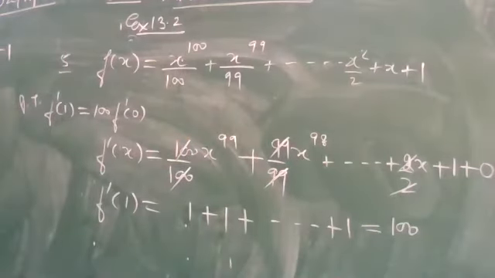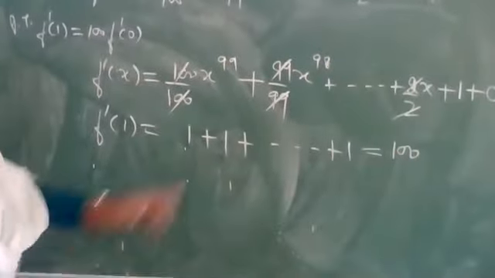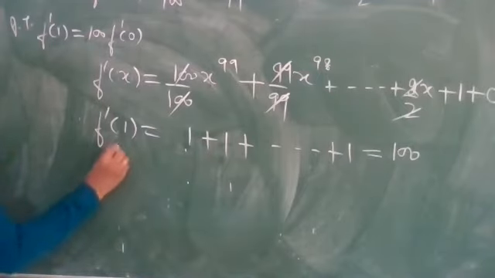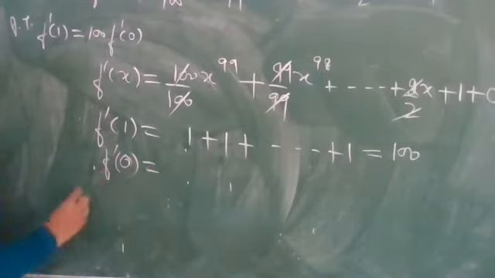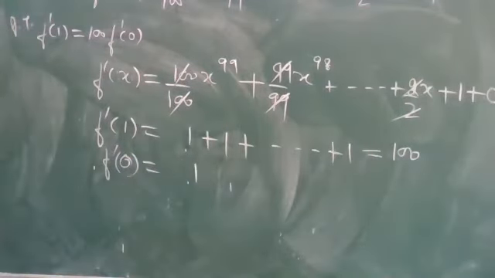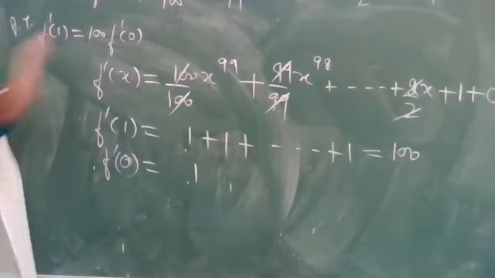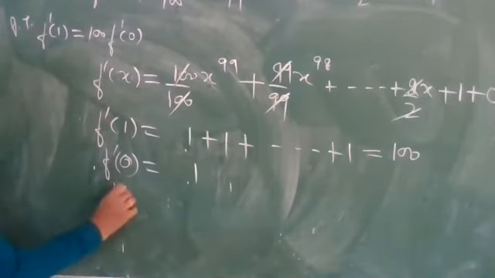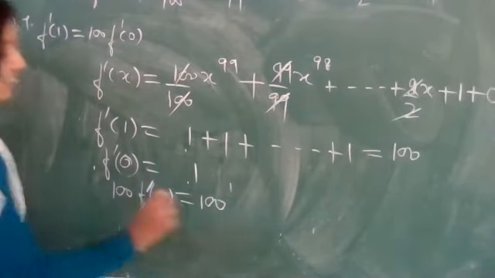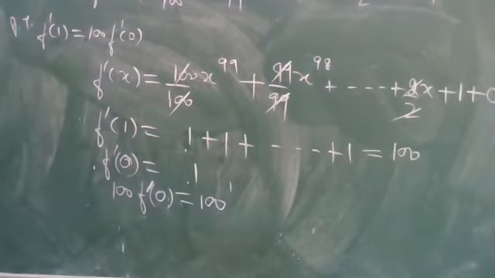We have got left hand side. Let's try to find out right hand side. On right hand side, we need f dash 0. That means in place of x, we have to put 0. Let's put 0. Okay. So we have got 0, 0, 0. Only 1 is left. And we need to find out 100 into f dash 0. So what is 100 into f dash 0? 100 into f dash 0, that means 100 into 1.